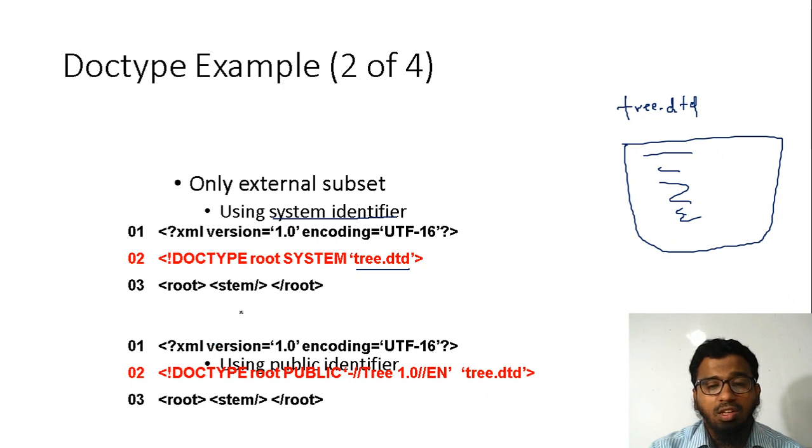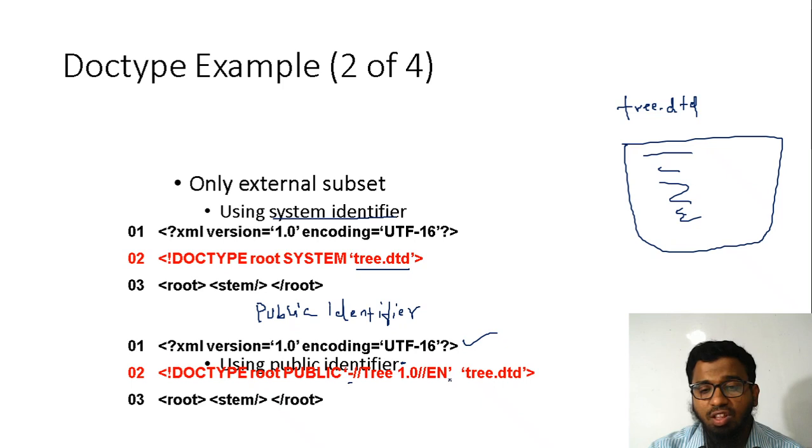Now the next one is the public identifier. Okay, so here XML version equals 1.1, encoding UTF-16. This is the declaration. What is the next one? DOCTYPE root PUBLIC, slash tree 1.0 slash English.